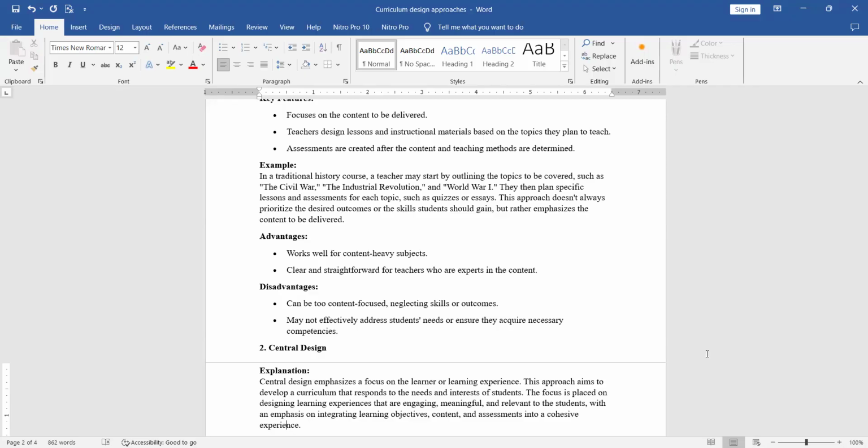But here you decide the content, and then accordingly select the way to teach, the learning experience, and then the output. So it will not address students' interests and needs. That is a disadvantage in the forward approach.